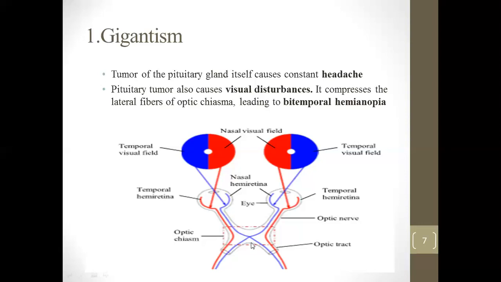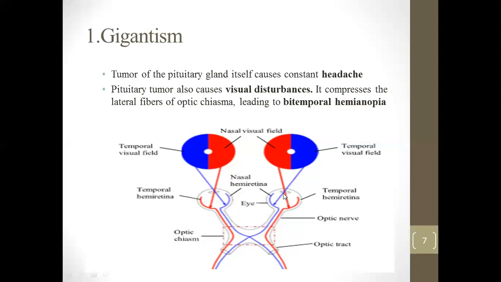So, if the tumor of the pituitary gland occurs, it will compress this chiasma. So, when these neurons in the optic chiasma are compressed, it will affect the temporal vision.